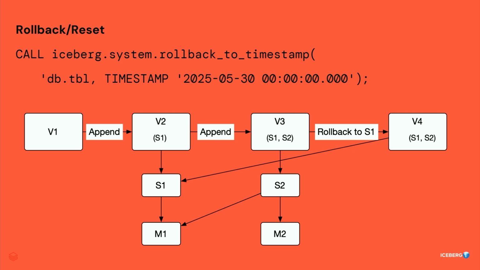And that's the beauty of Iceberg. It allows you to move the pointer only without doing any destructive operations. So S2 is still being tracked and can be replicated to the target side, but the future reads will only look at S1. That's what's intended to have the source table and target table be disaster recovered.